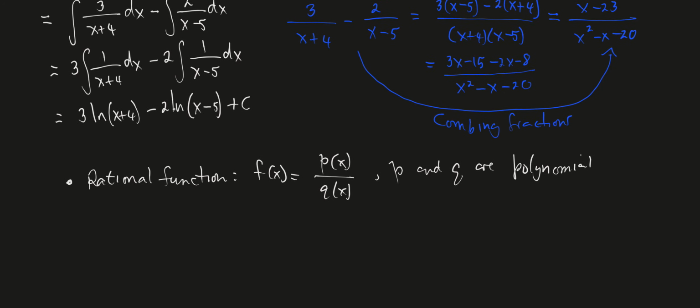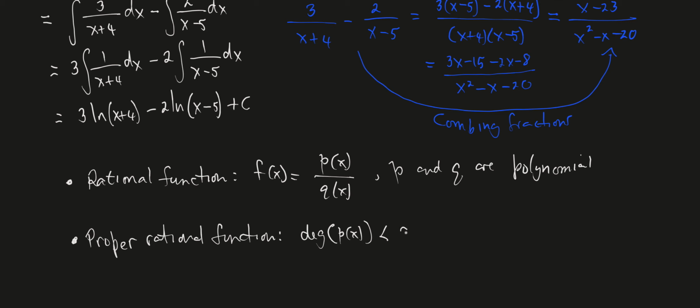All right. Now, a rational function is said to be proper, so you have a proper rational function, when the degree of the numerator, and I'm going to use deg as an abbreviation for degree, so the degree of p of x is strictly less than the degree of q of x.